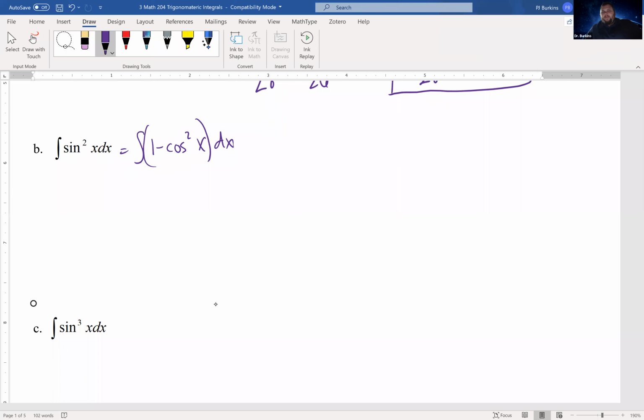So basically, you've turned a single integral into two separate integrals, right? Because this would be this minus this one. And you still are kind of stuck at the same point that you were before. So in this case, that is not a good choice. Instead, we want to use the power reducing.